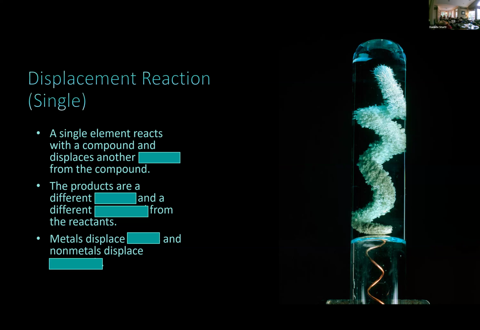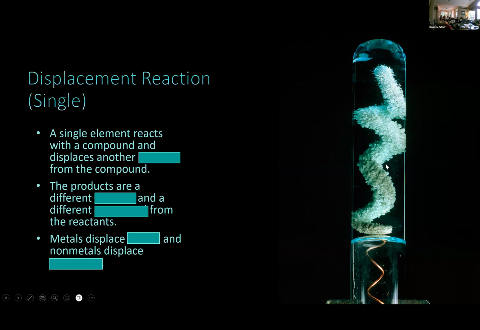All right. So an example of a single displacement reaction is what we're going to show in just a minute. In a single displacement reaction, you have a single element that reacts with a compound and displaces what? What's it displacing from the compound? Another element, right?